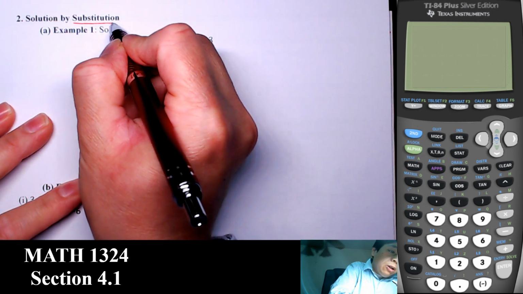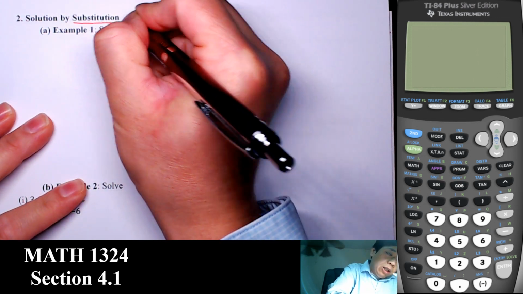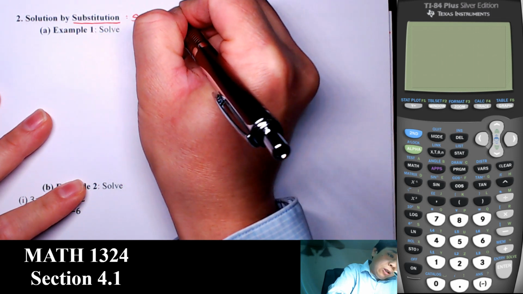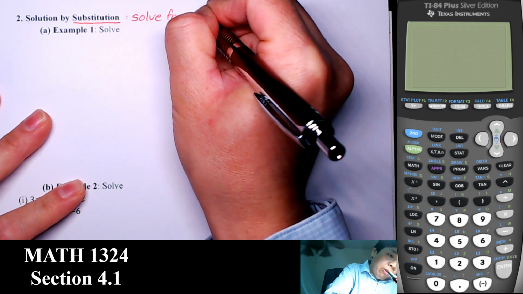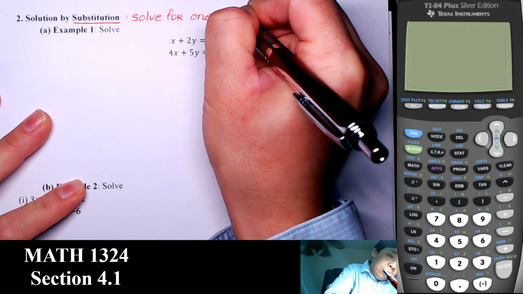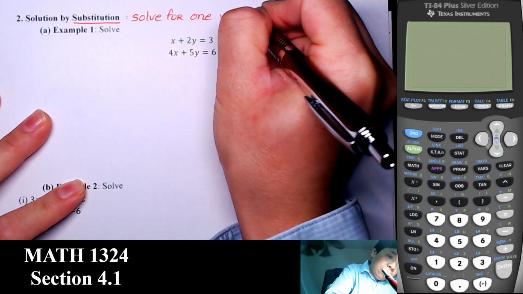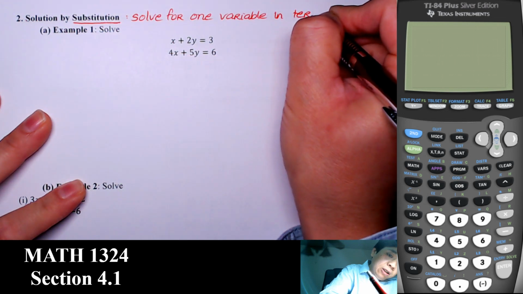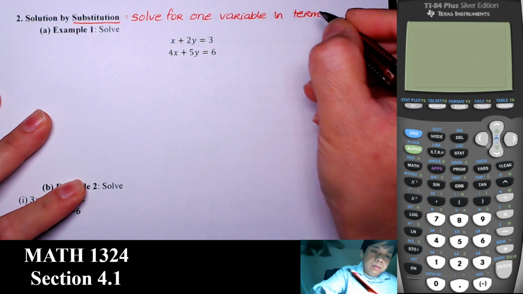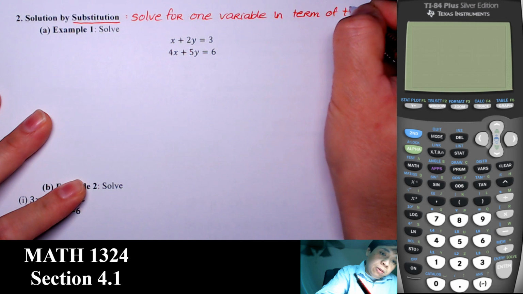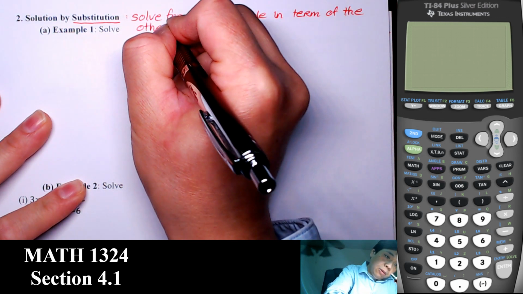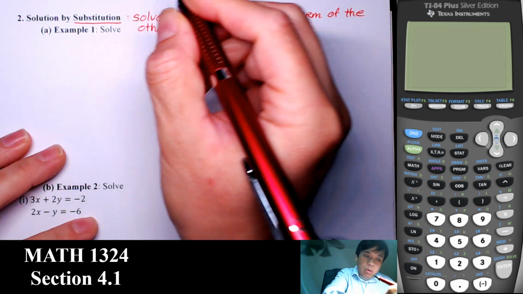So what we actually do is solve for one variable in terms of the other. Then substitute into the equation.